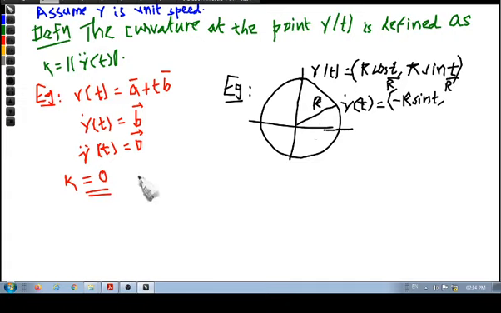Because gamma dot t in this case will be minus r sin t by r into 1 by r, comma, r cos t by r into 1 by r.